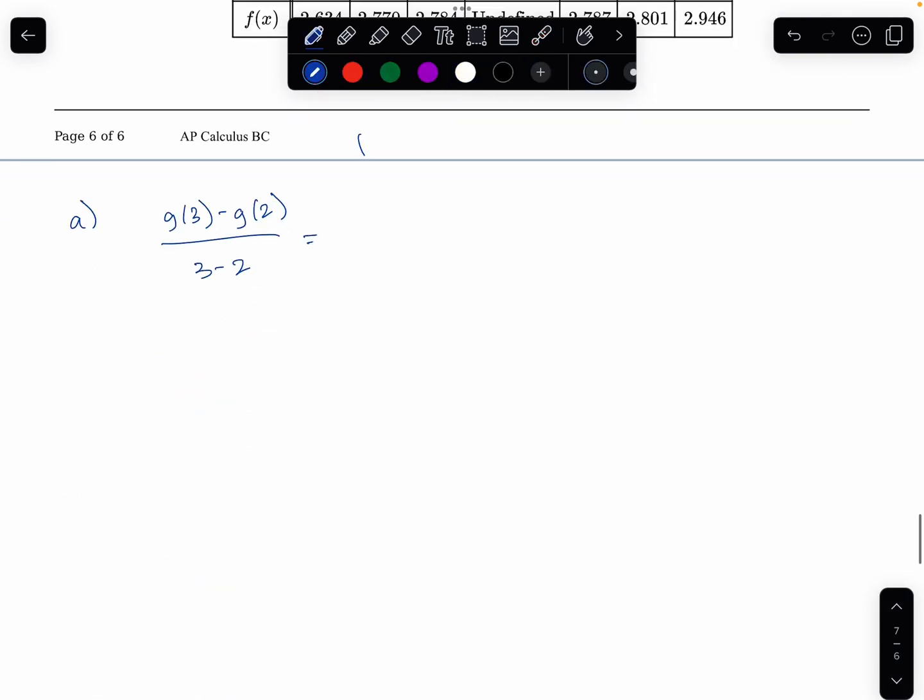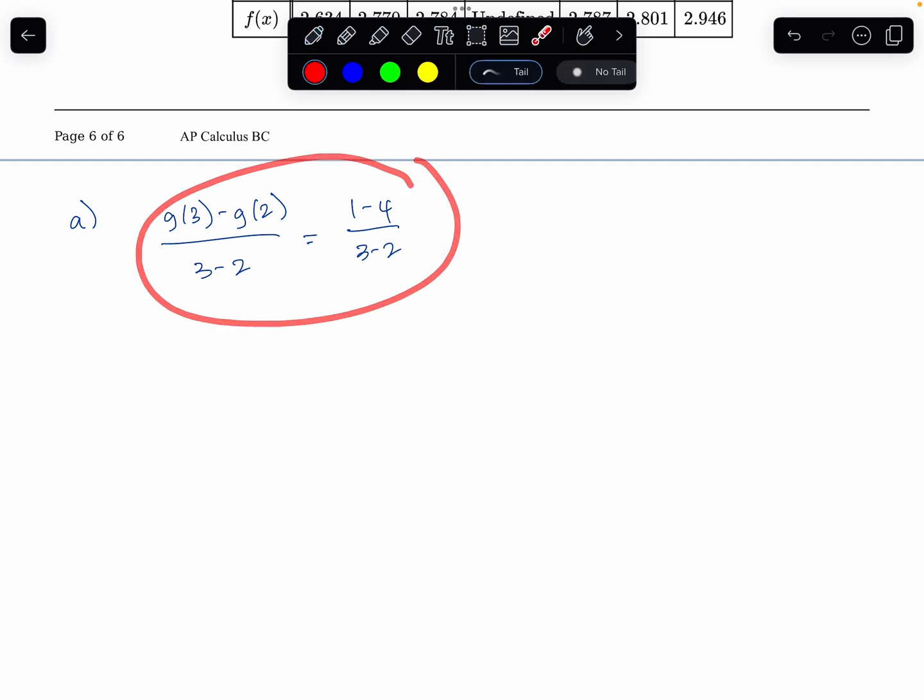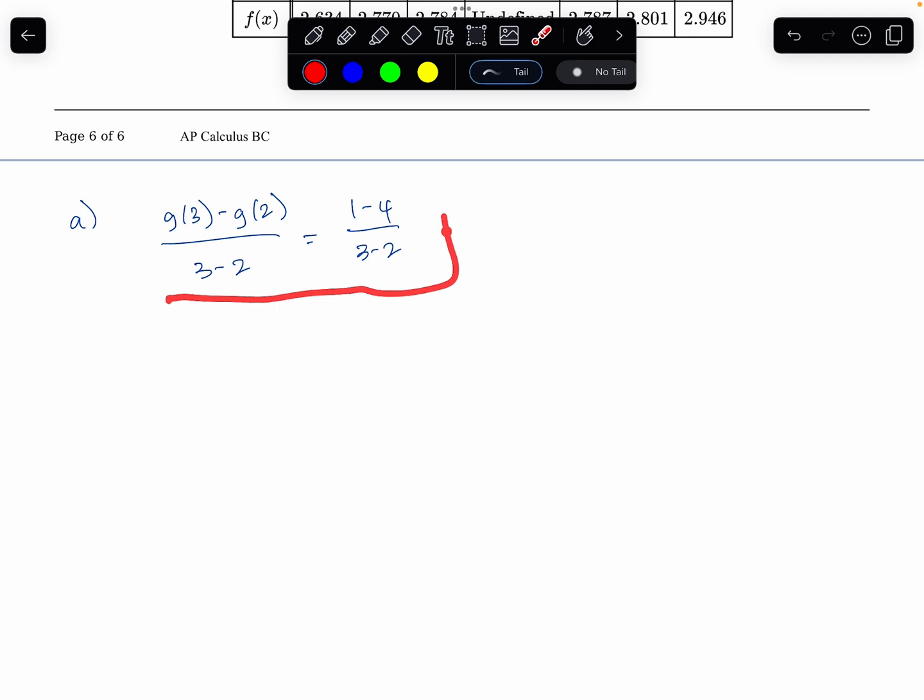So we'll just say 1 minus 4 over 3 minus 2. You honestly don't have to do anything else. Yes, you could evaluate it, sure, but on the AP exam, if a question like this ever showed up, you can leave it like this right here. You might even be able to leave it like this, and you'd get all points for that problem, okay?